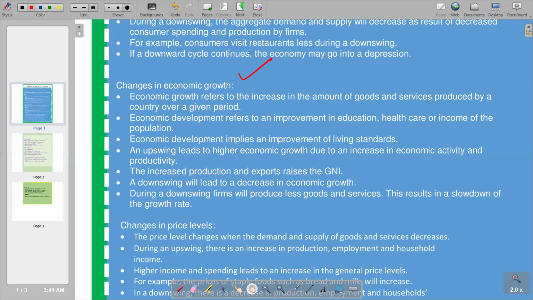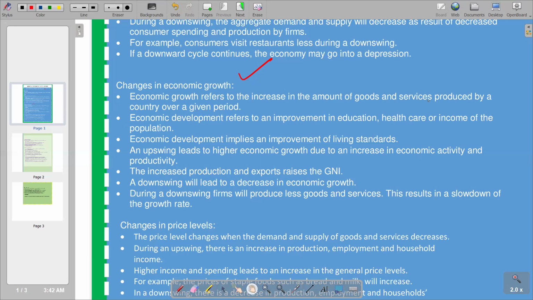Looking again at economic development, a further explanation is that it is the process of improving the economic and social well-being of a specific area, that is, the social well-being of the citizens of a country. If it's improved, we say that there's economic development. It involves qualitative and quantitative growth.